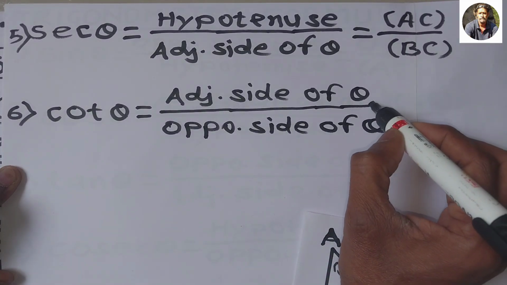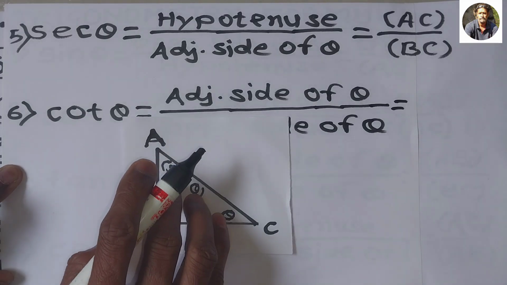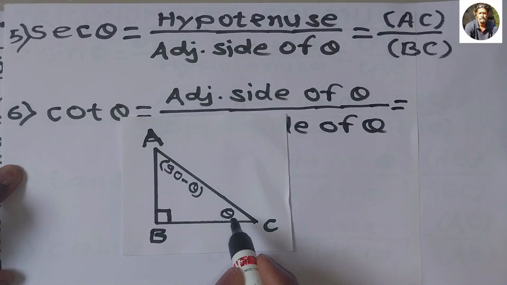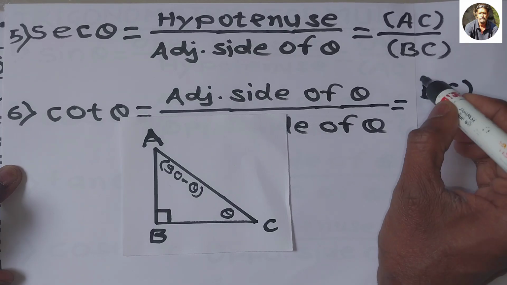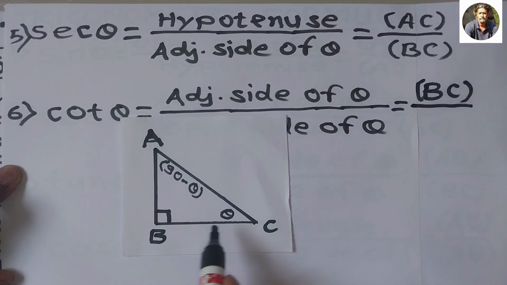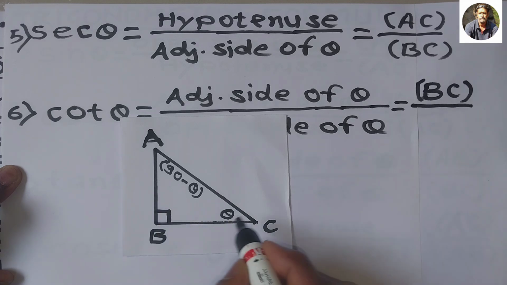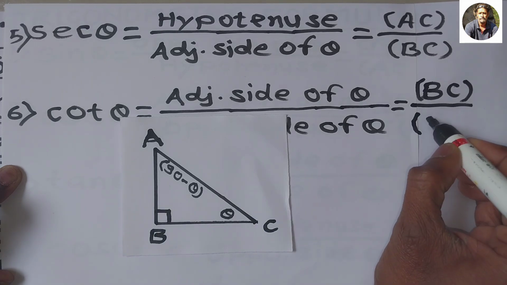We write this way, formula is equal to, now here cot theta, adjacent side, that is BC, adjacent side of theta, that is BC, upon opposite side of theta, that is AB.